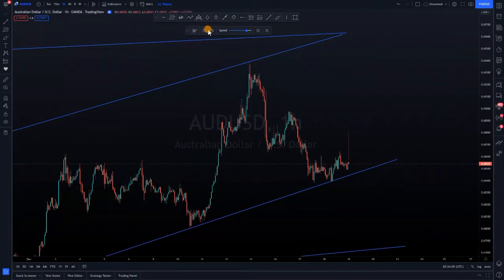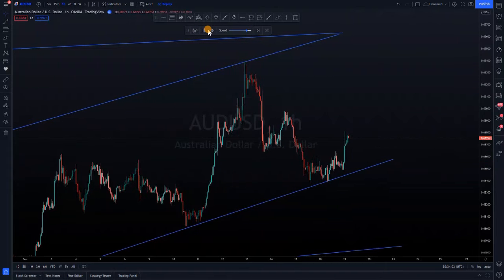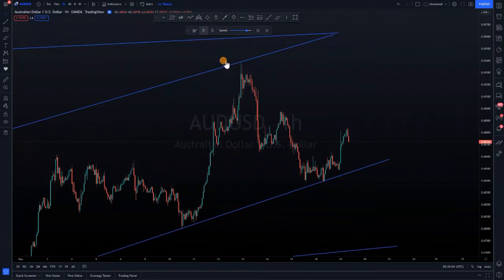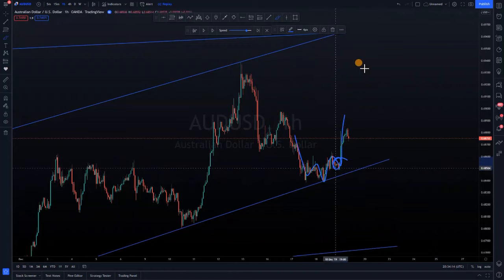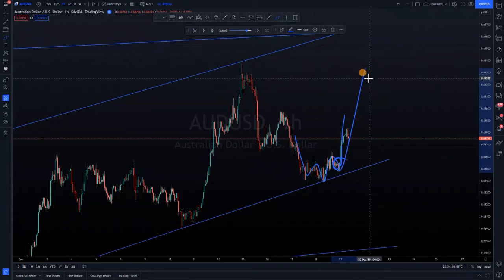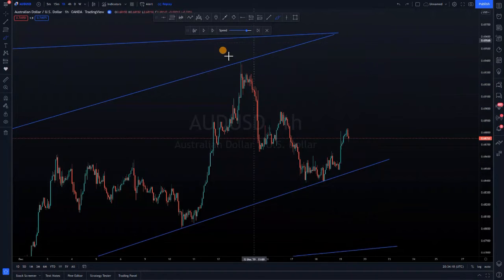You adjust your speed if you want the price to go fast or slow. And I kind of missed that sell here. We have something like a head and shoulders. I would have taken that buy from here to the upside, but we missed it. It is what it is, so we move on.